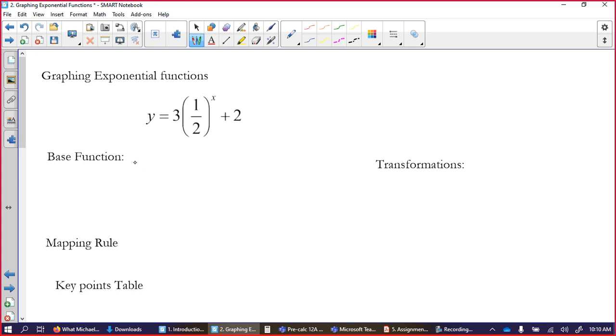Base function, a half to the x. So this one is going to be not growth, but decay, so it's going to drop. We have a vertical stretch of 3. We have a vertical translation of 2.